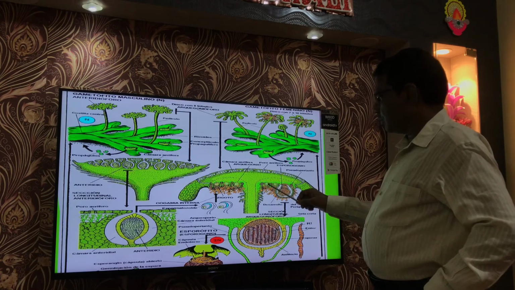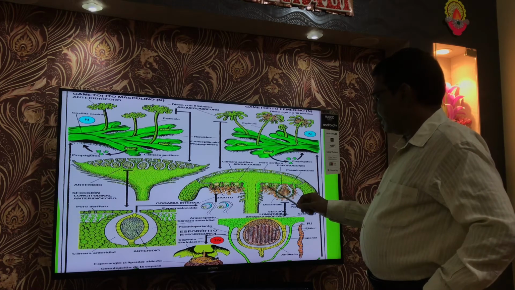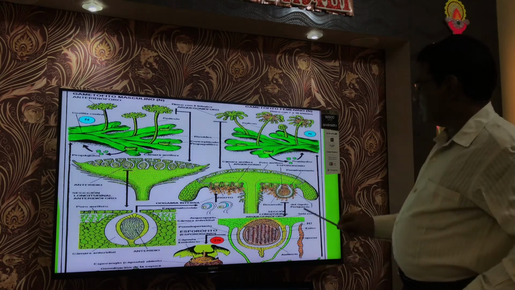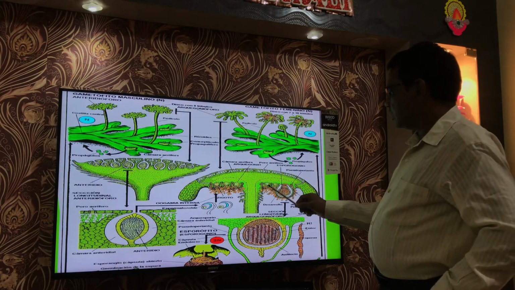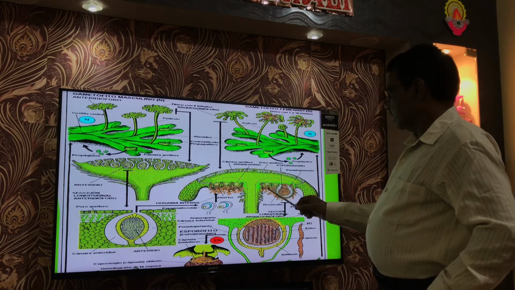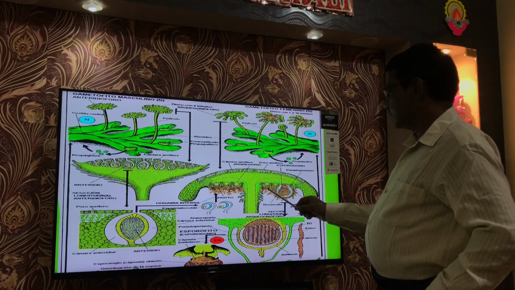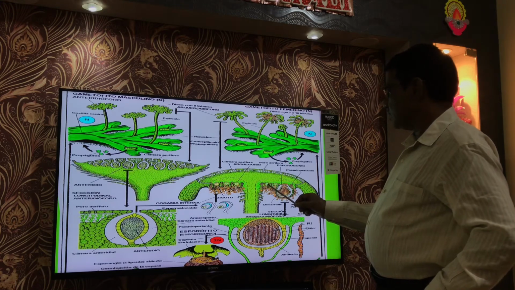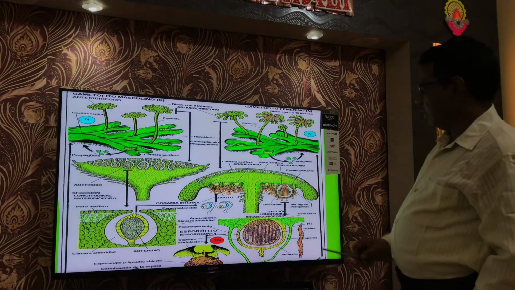and the nearly mature archegonium, which is shown over here, is a small flask-shaped structure having a distinct venter and a narrow neck. It has cover cells at an early stage, then neck canal cells, a ventral canal cell, and a single large egg.